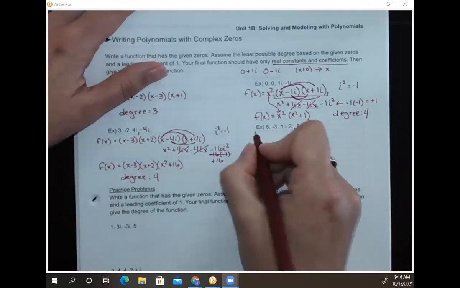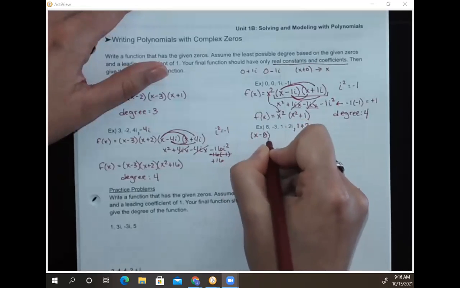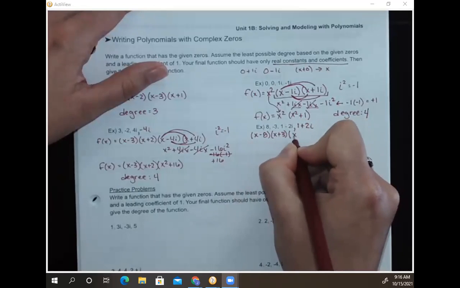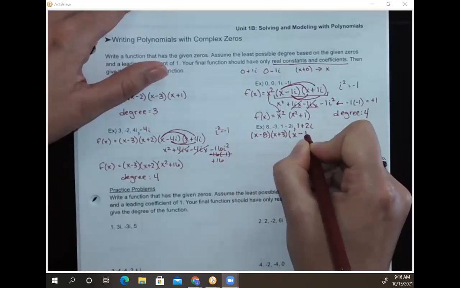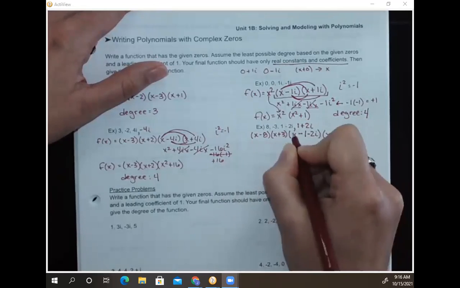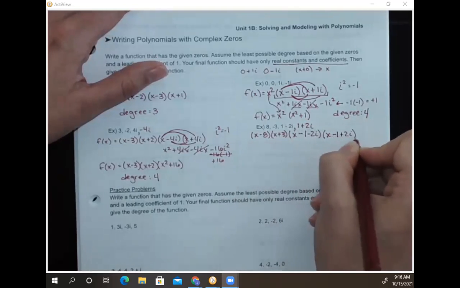I'm going to start the same way. x minus 8, x plus 3, x minus 1 minus 2i, and then x minus 1 plus 2i.